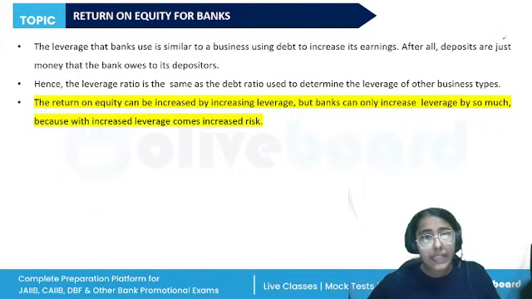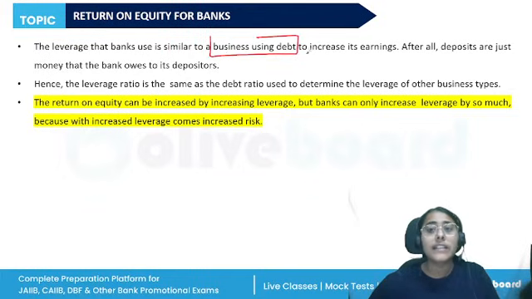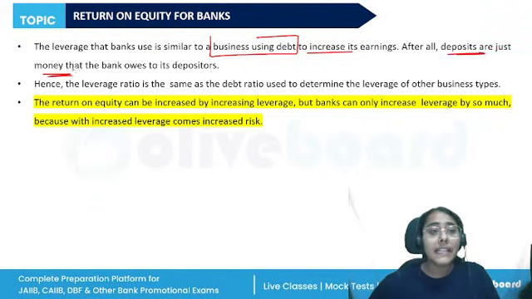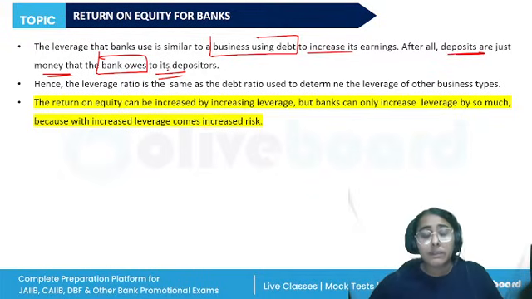All right. The leverage ratio that the banks use is similar to a business using debt to increase its earnings, because they have to pay back the debt. Similarly, banks also have to pay back the leverage that they are creating. So all the deposits are just money that the bank owes to the depositors. So when banks are using deposits, they should make sure that the leverage ratio is not kept very high, right?